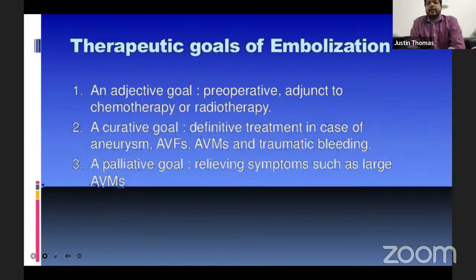So, what are the therapeutic goals of embolization? It has an adjunctive role, curative role, and palliative role.